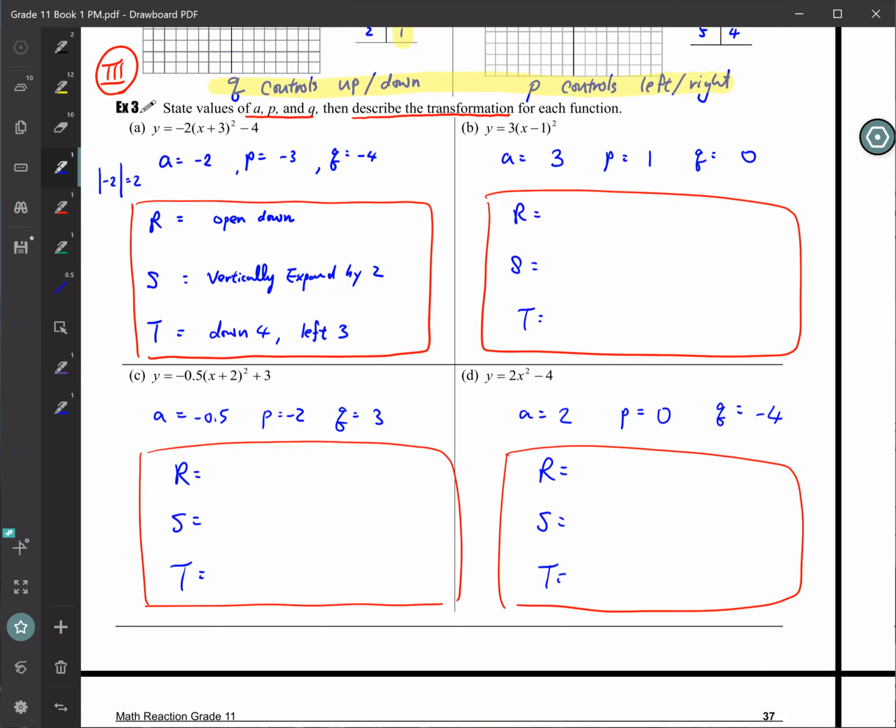Okay, so let's go over the RST for B. This one A is positive, opens up. If A is 1, then you just say it's still opened up, but then S will be none. This one, Angela, what's the S?